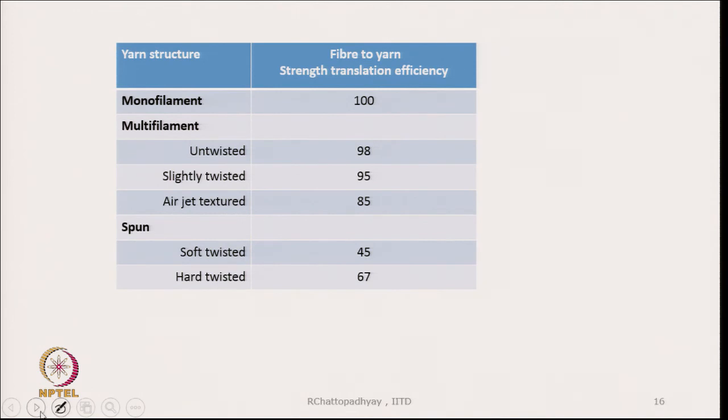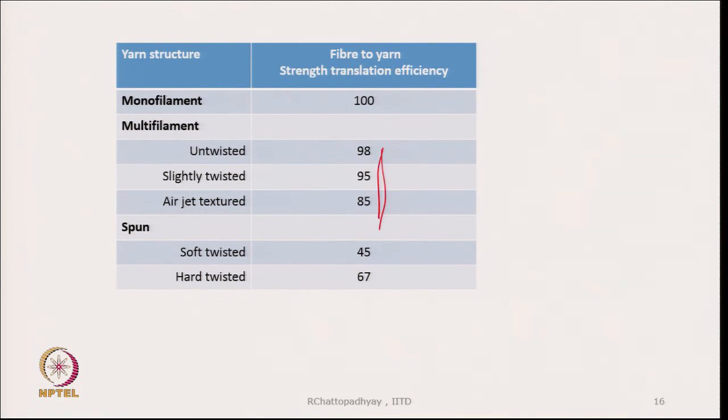And the other thing which will be important for us to know is how much fiber strength is translated into yarn strength. Now, fiber to yarn strength translation efficiency, some values are quoted here. For multi-filament yarns, the values are quite high.